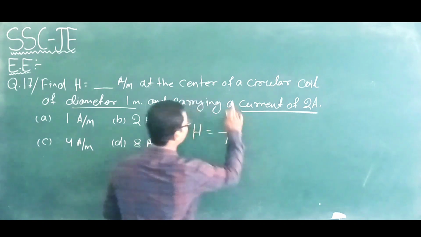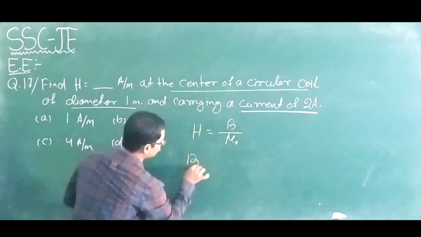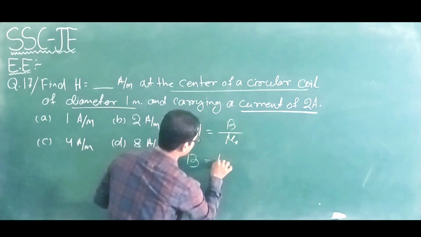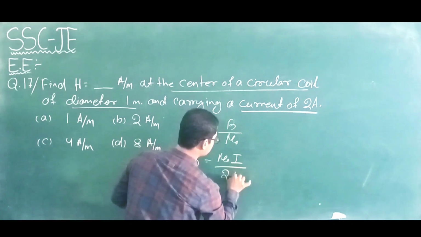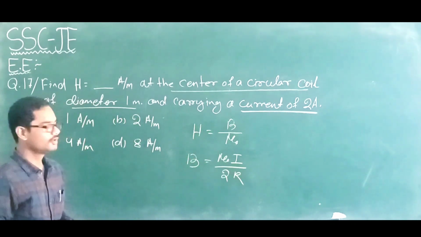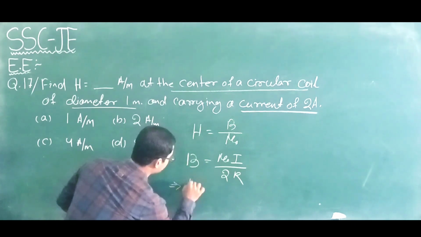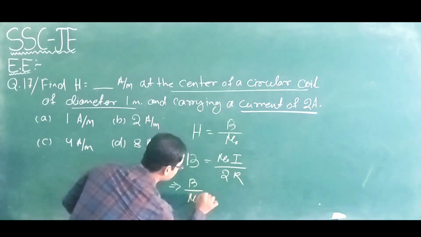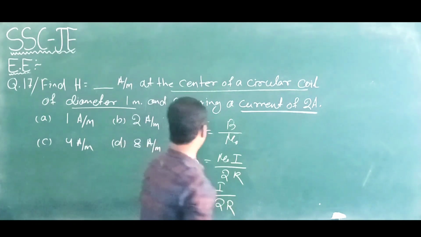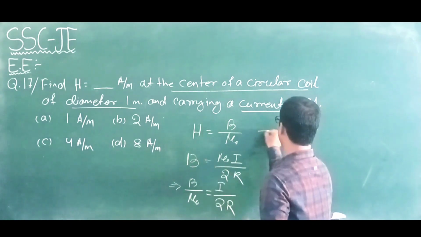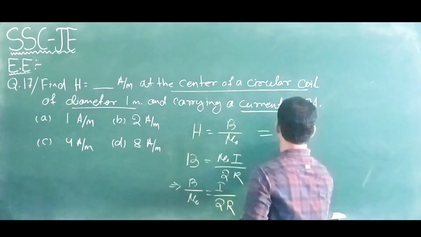For a circular coil, the B value will be mu 0 I by 2R. So B by mu 0, which is H, equals I by 2R.